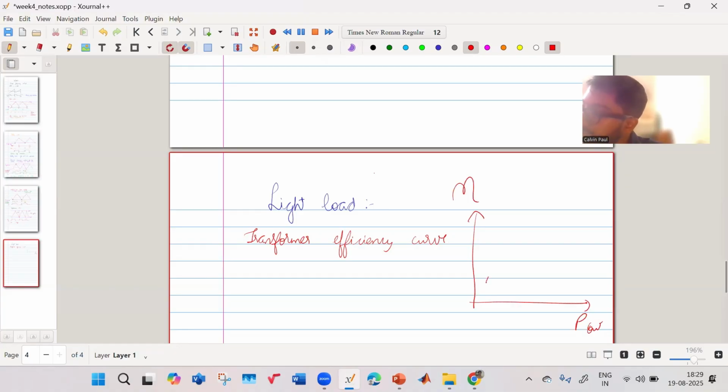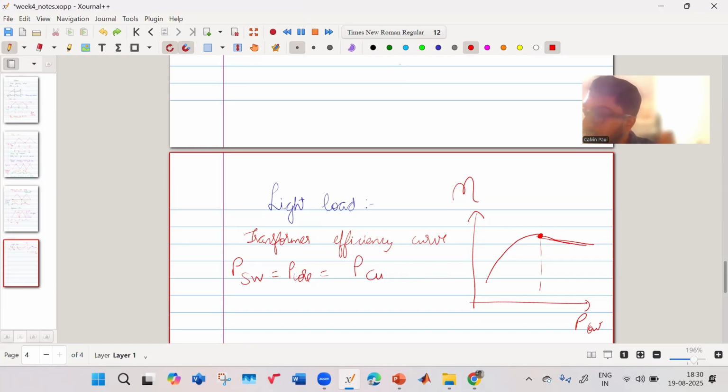So your efficiency will rise, rise, rise, come to one sweet spot, and then it will fall. At this spot, your switching loss or core loss is equal to your copper loss. No, no, copper loss. Iron loss is your inductor loss.